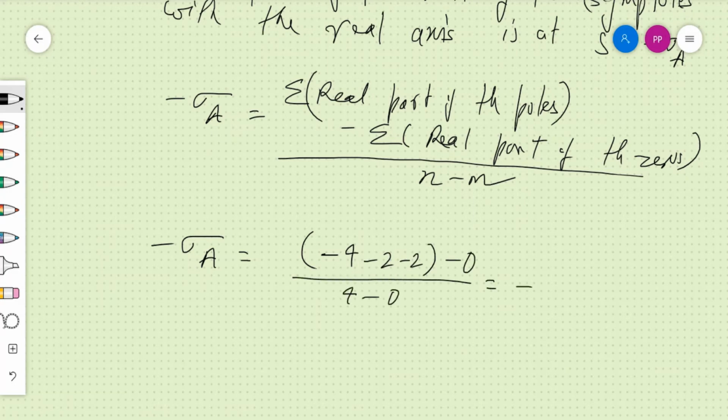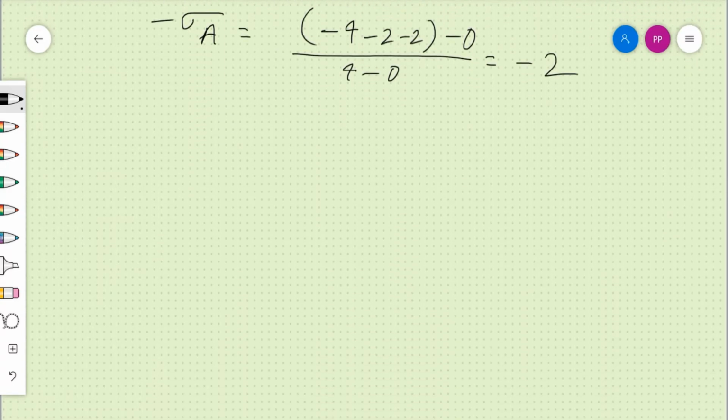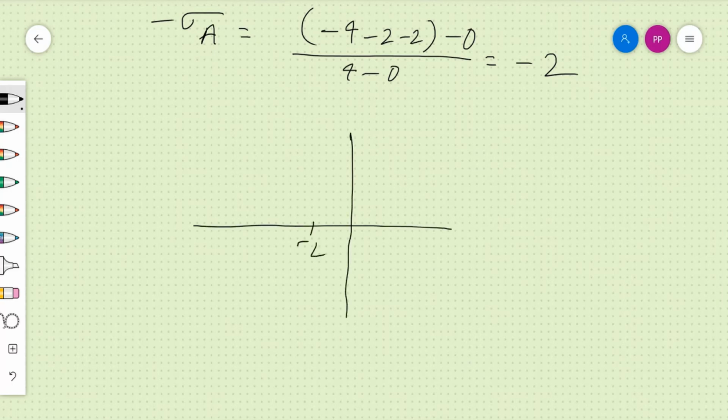This basically gives us minus 2. So minus 2 is the point where the asymptotes cross the real axis. Let us draw it for understanding. We have taken minus 2, minus 4, plus j4, minus j4, so we have all the poles over here.